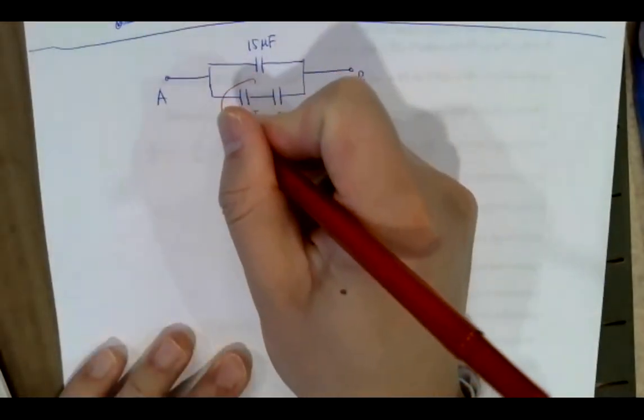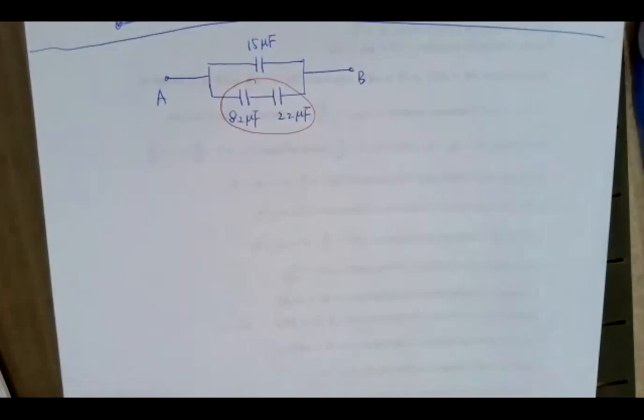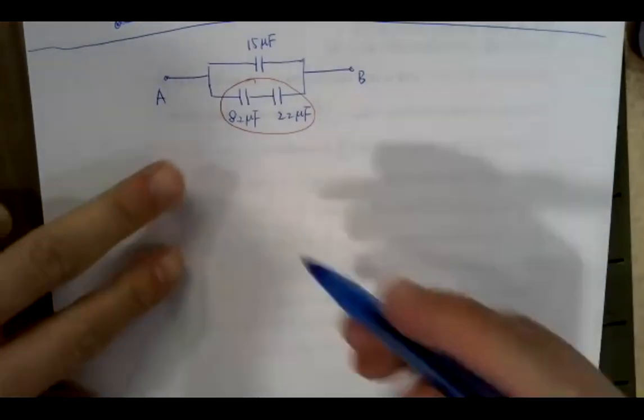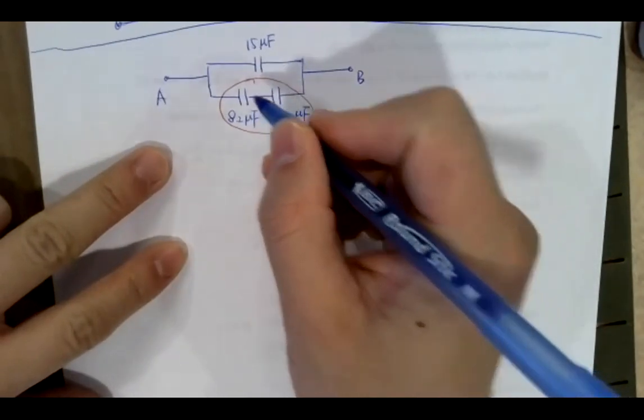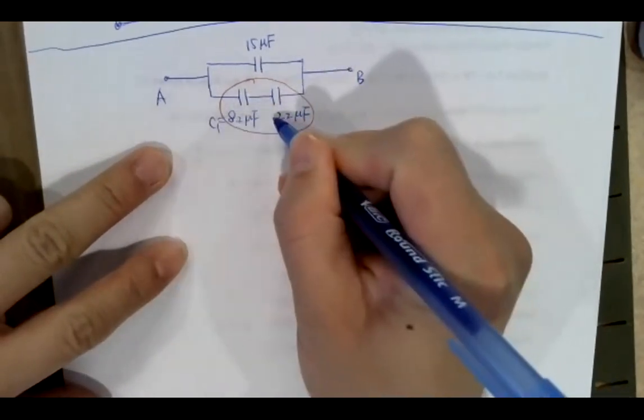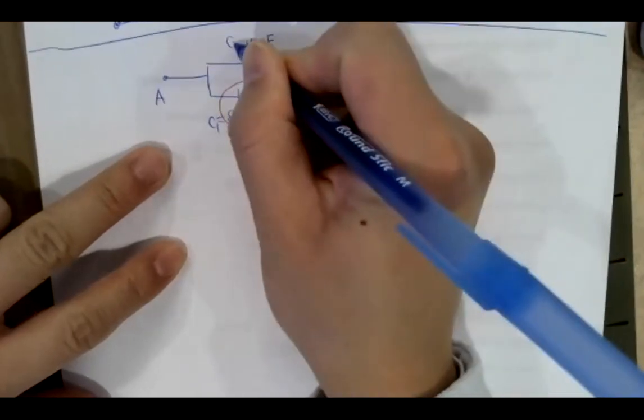All right. So if you take a look on this one, you can figure that these 2 are in series with each other. Okay, so that's the part of the circuit that only has capacitors purely in series with each other. So then you can replace that one with an equivalent. So I'm going to call this C1, this C2, and then this C3.